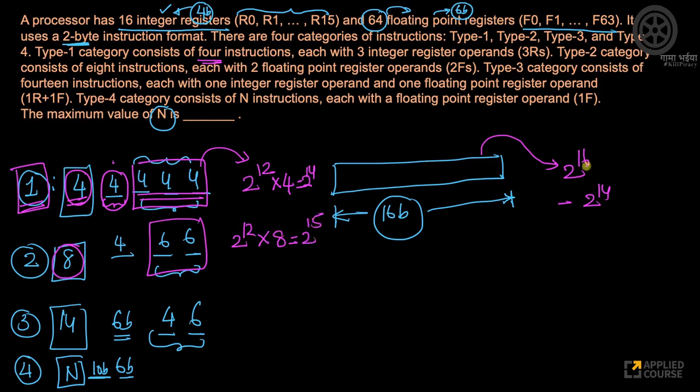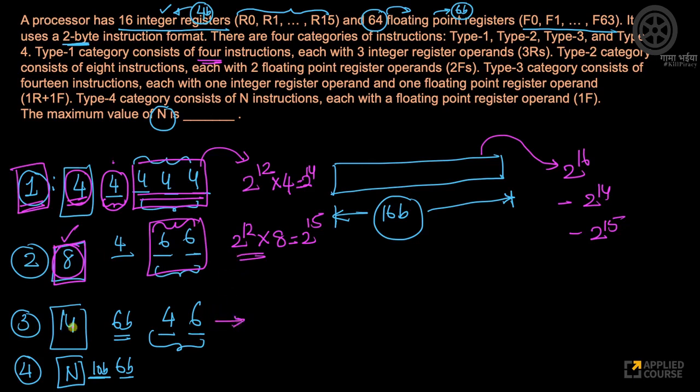So of the 2 power 16, 2 power 14 will correspond to type 1, and 2 power 15 will correspond to type 2. I'm saying 2 power 15 encodings, not 2 power 15 instructions, because what we are counting here also includes the number of addresses. It's a slight difference. We have only 8 instructions, but these 8 instructions have these 12 bits of addresses. These 12 bits could be anything.